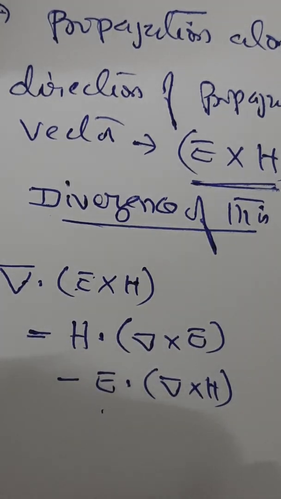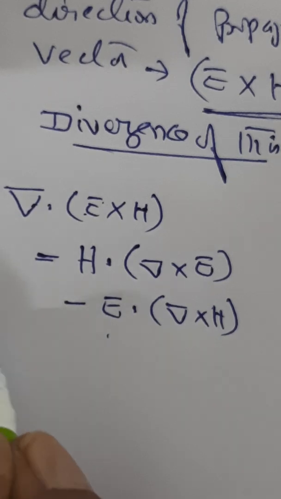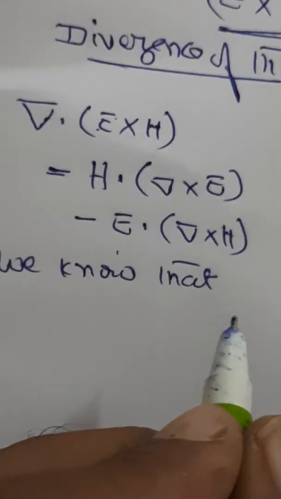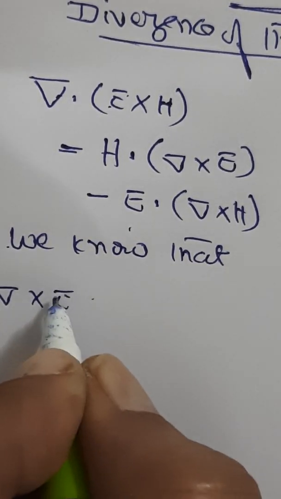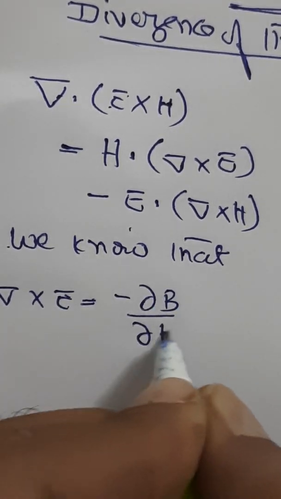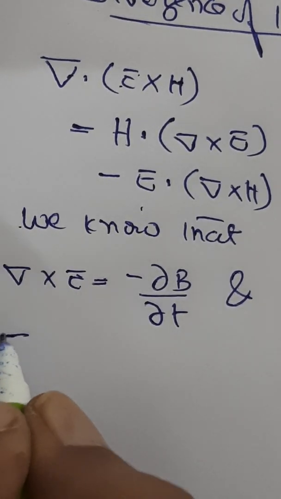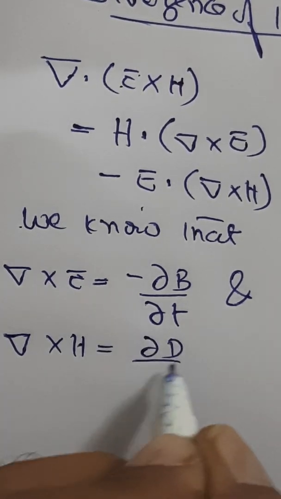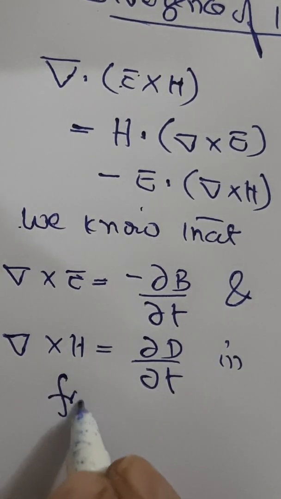Already we have seen earlier in Maxwell's equations that del cross E is obtained as minus dou B by dou T and del cross H is obtained as dou D by dou T in free space.